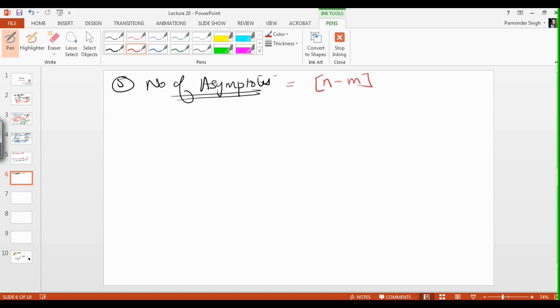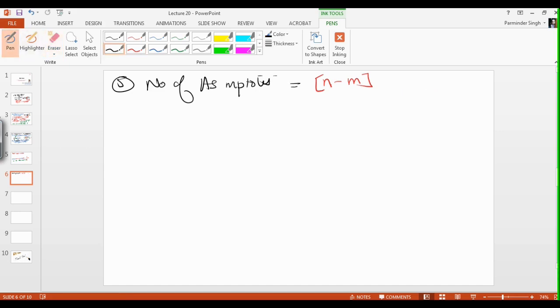That means suppose there are 3 poles and nothing in the numerator, so 3 minus 0, the number of asymptotes will be 3. If n is, let's say, 6 and m is 2, the number of asymptotes will be 6 minus 2, 4. So always remember that number of asymptotes is always equal to n minus m. Clear?